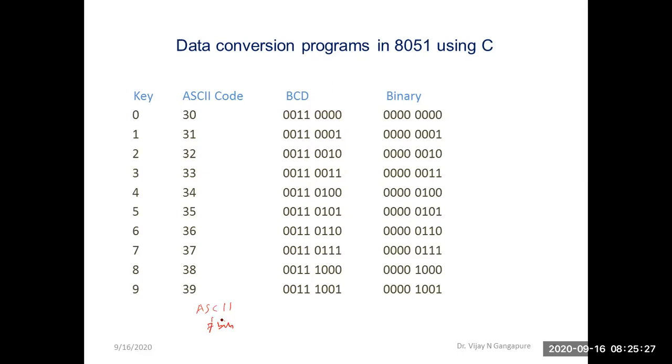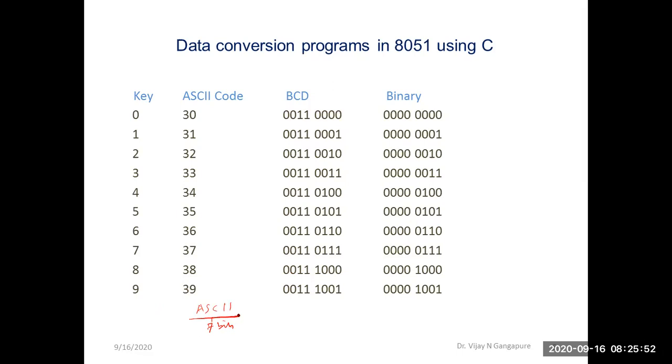A 7-bit code means each key on the keyboard, which could be a numeric key, alphabets, capital, small, or any other characters, each key, character, letter or symbol is assigned one standard code, and that is called ASCII code.